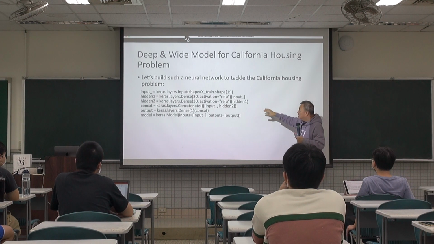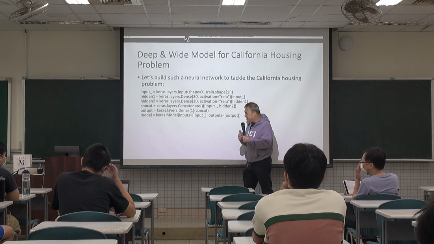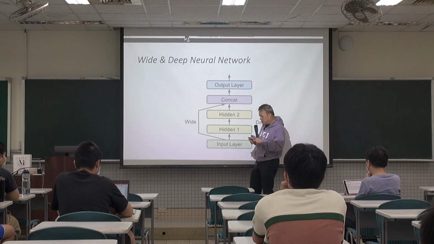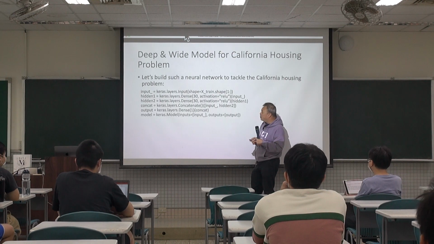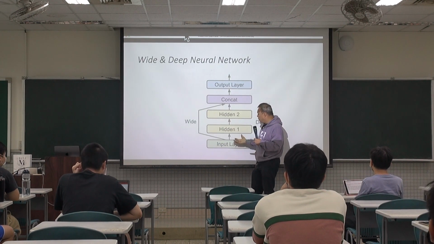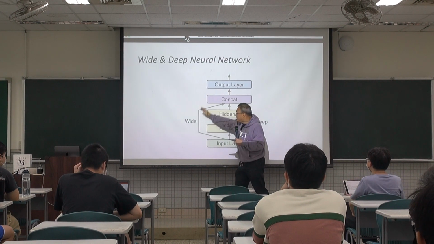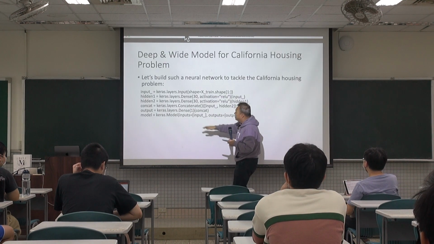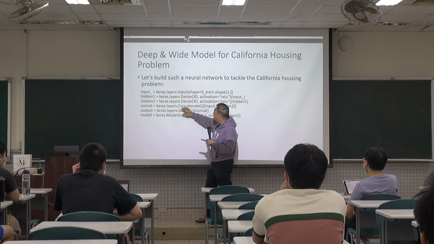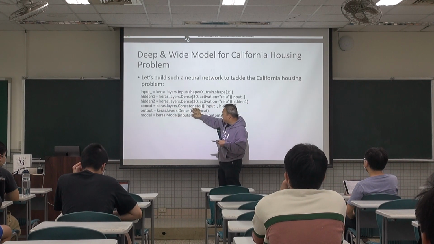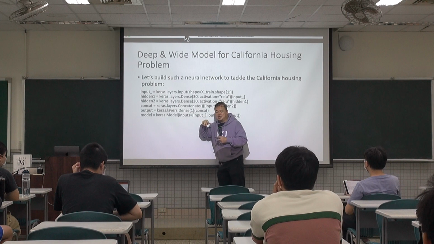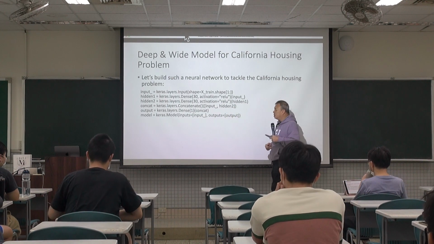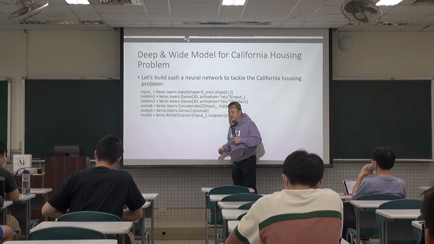Then the next layer is the concatenation layer, concat. This is where we need to have these two paths joined together. So concat equals Keras.layers.concatenate. We have a specific function that allows us to create a concatenation layer.